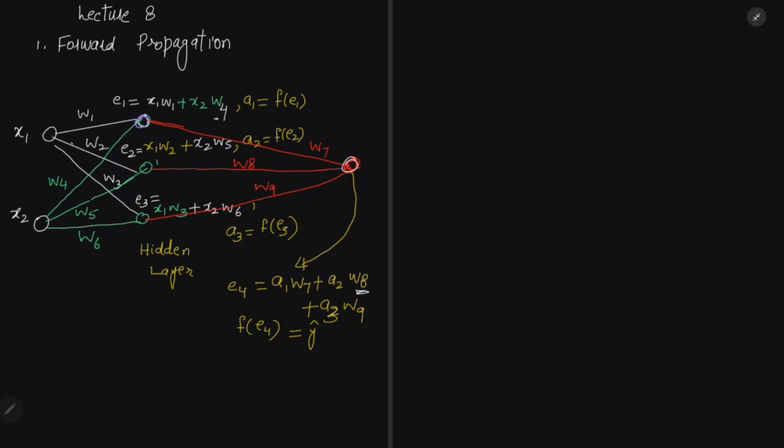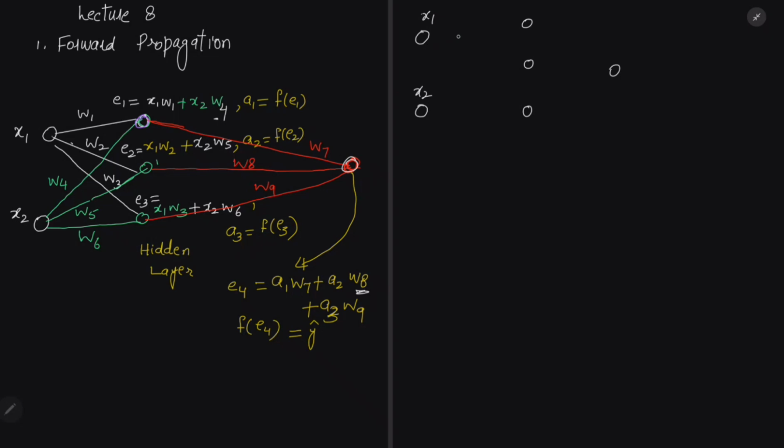Just to give you a visualization, suppose we have input that is x1 and x2, and we also have three neurons in the hidden layer, and there is output.